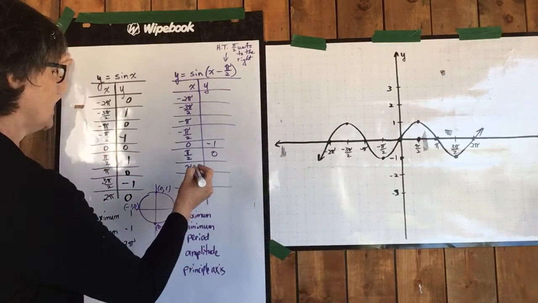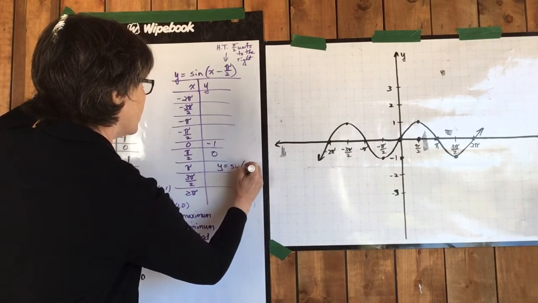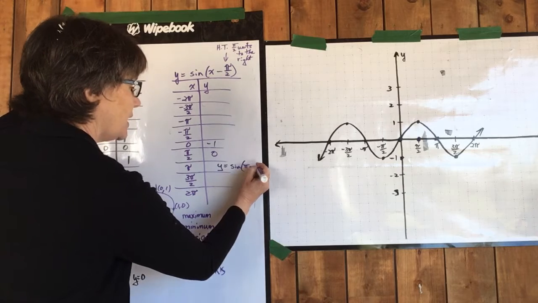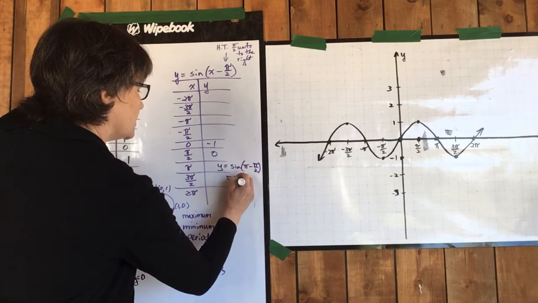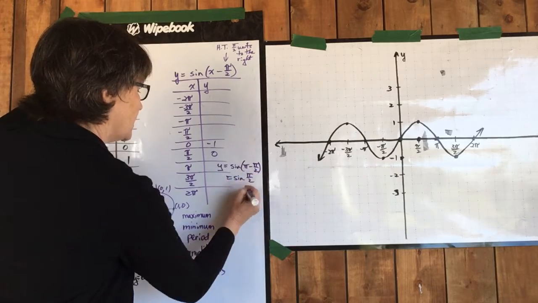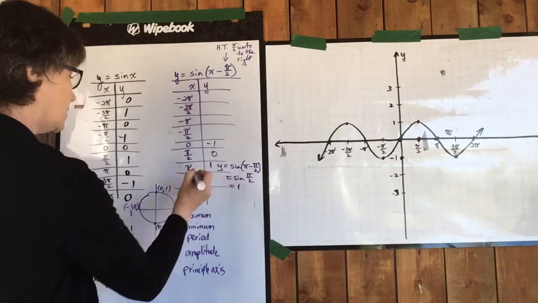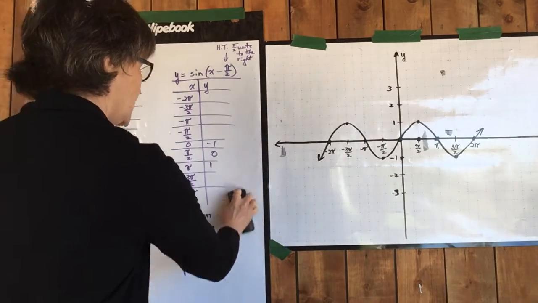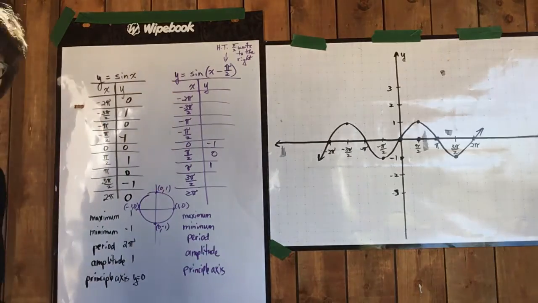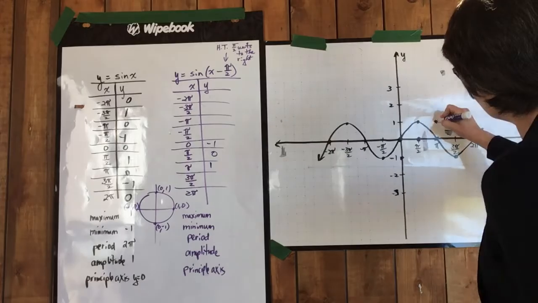Let's see, pi. So y equals the sine of, substitute pi in for x, so that equals sine of pi over 2. Sine of pi over 2 is 1. So that becomes 1. And as you continue this, we will see what's happening.